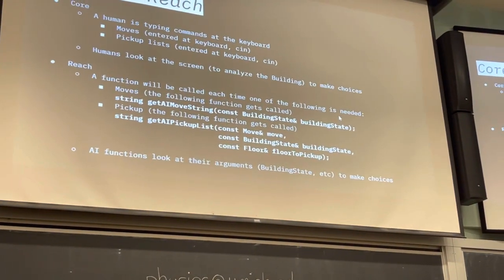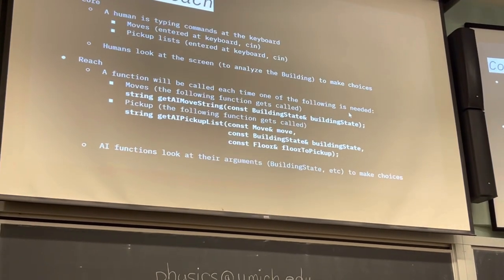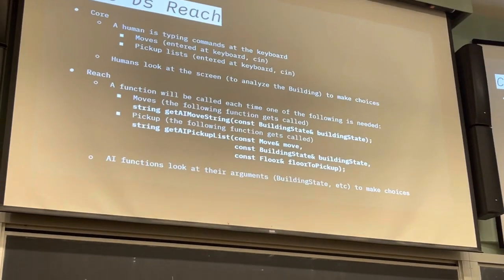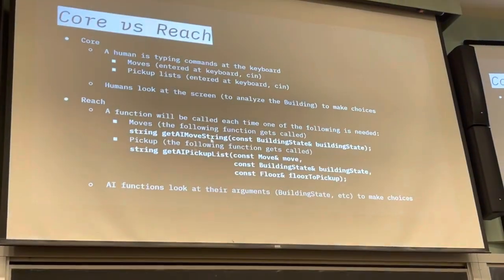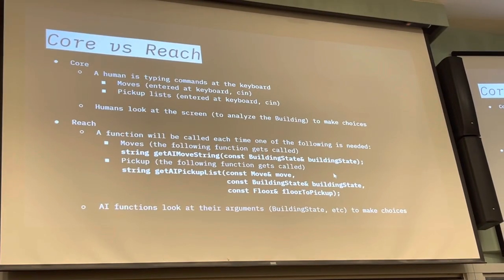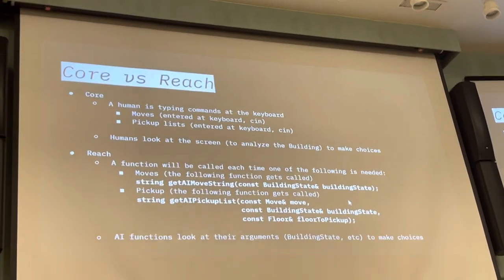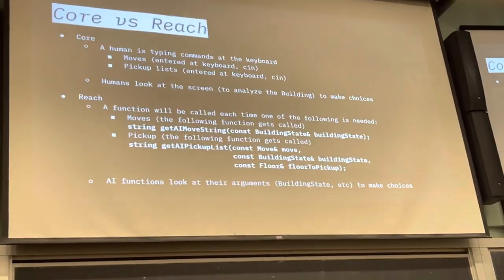So that's going to be where you will make the choice on what type of move your AI is going to make, and that's based off of the move class that we talked about a little earlier. And then getAIPickUpList. So if it's a pickup move, then you're going to write a function that decides who the optimal people on the floor are to best pick up.